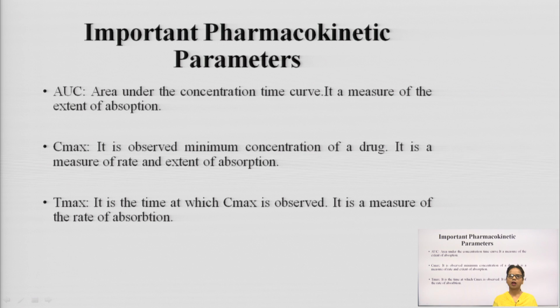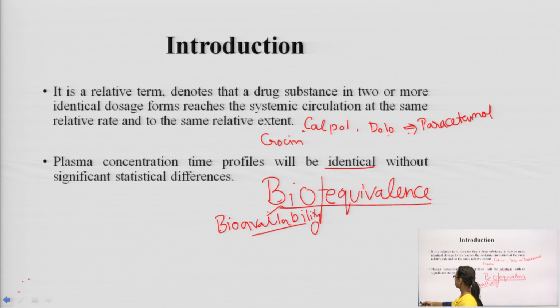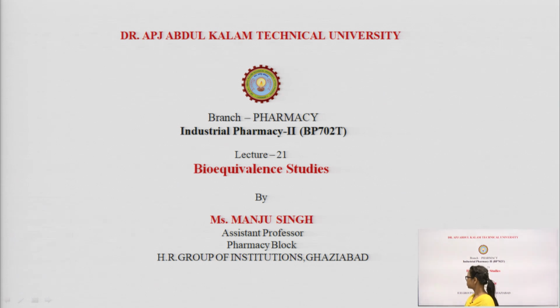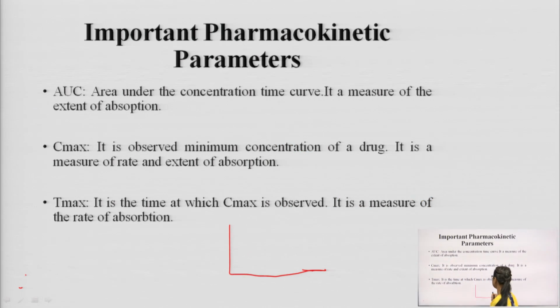Next are the important pharmacokinetic parameters. Whenever we check the bioavailability inside humans, we draw a graph. Let us see, this is plasma concentration and this is time.